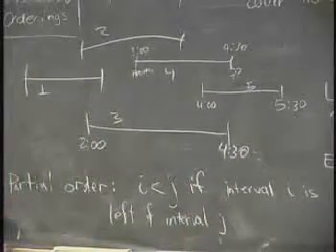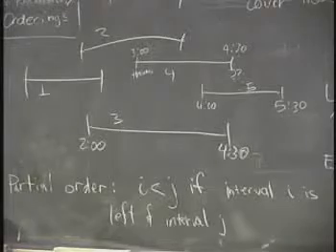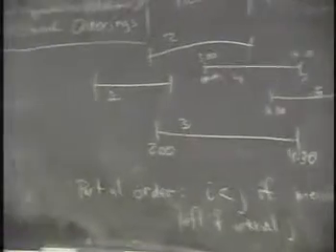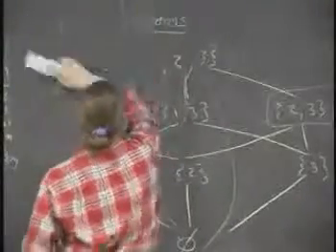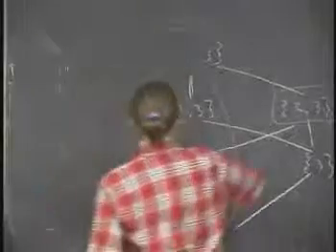So the interval I is less than the interval j if the interval I is completely to the left of the interval j. And so we can get all kinds of partial orders, all kinds of Hasse diagrams for these.